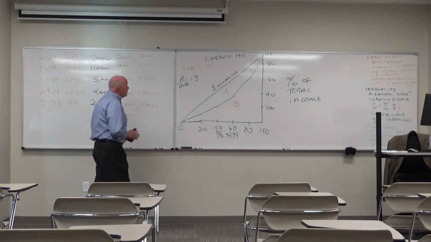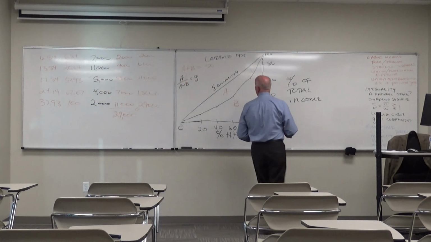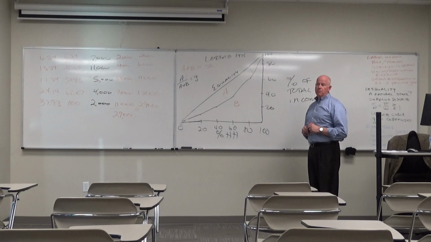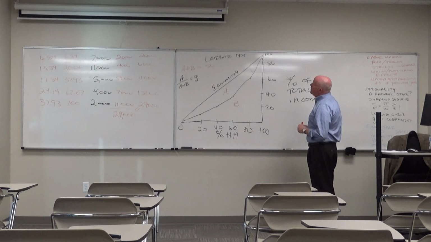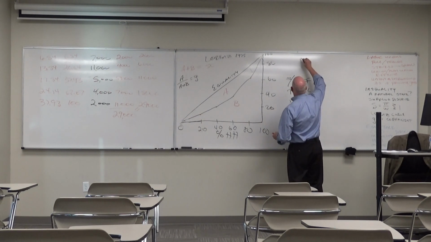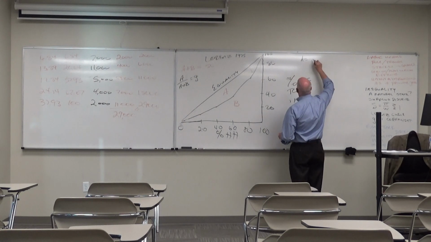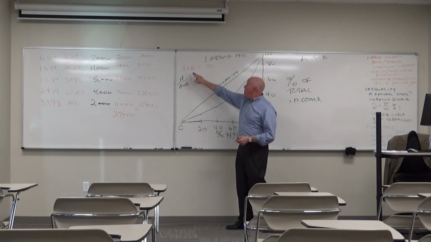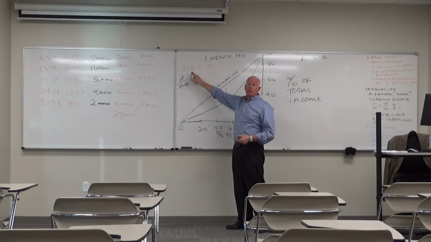Okay? Do I also know the area of B? Minus A. Yeah. In fact, since I need to find A, I can say that A is equal to 0.5 minus B, right? Subtract B from both sides of the equation.